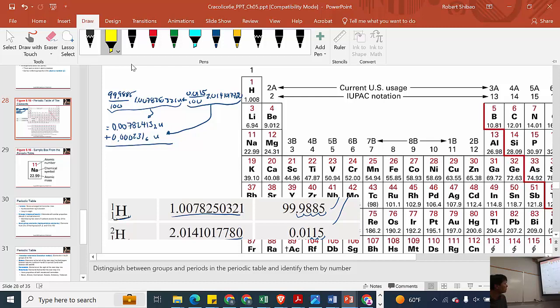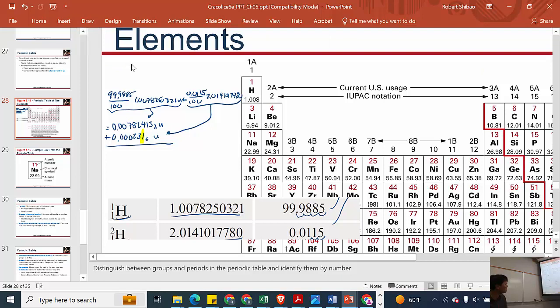So which one has fewer decimal places? This bottom one. How many decimal places do we have? 1, 2, 3, 4, 5, 6. We have 6 decimal places. So this is the uncertain digit, and this one's not allowed. We're only allowed 1 uncertain digit. I have 2 to minimize rounding error. So I'm only allowed 6 decimal places.